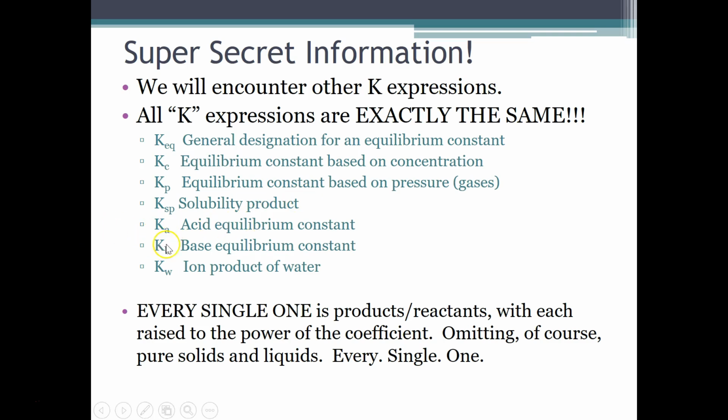Ka and Kb are acid and base equilibrium constants, and Kw is the ion product of water. And again, these last three we'll look at a lot in Unit 8. Now, it does not matter what the subscript on K is. Equilibrium constant expressions are always denoted with a capital K. The subscript just tells us what type of K constant we're looking at.